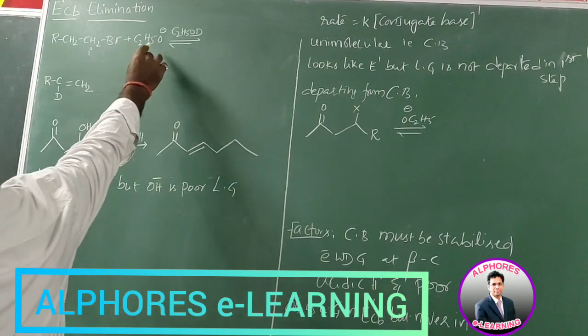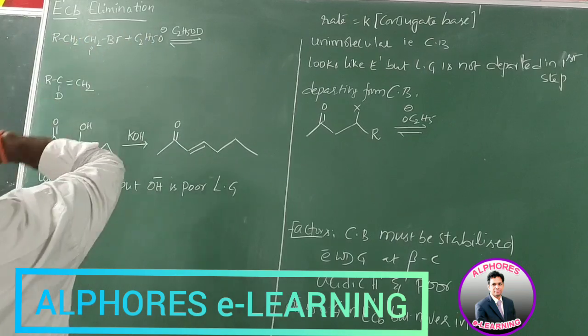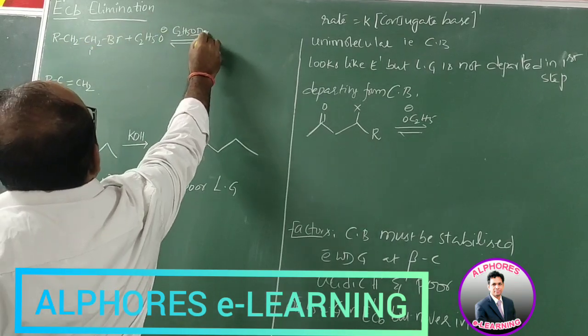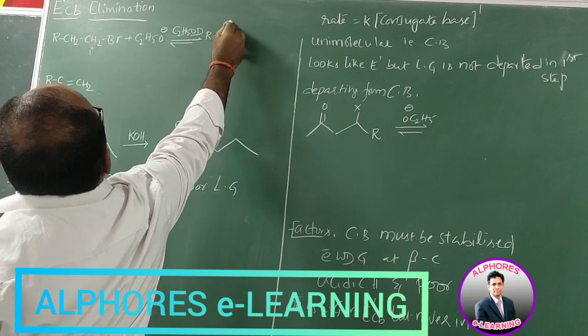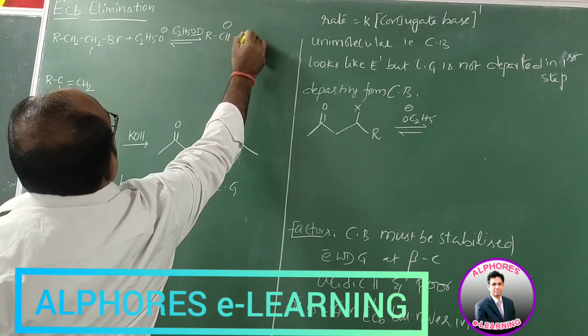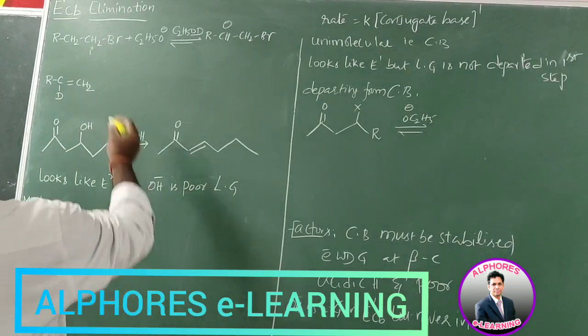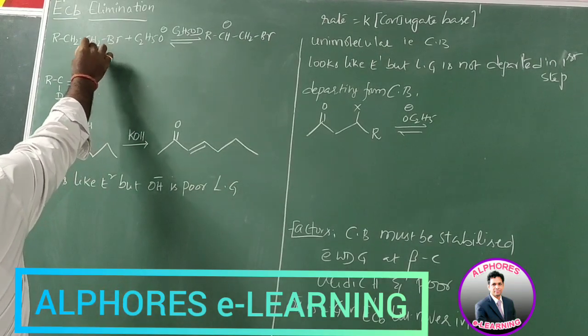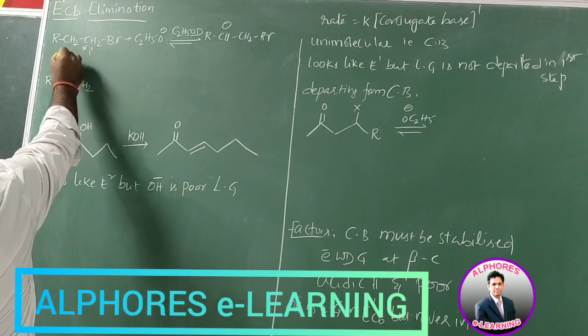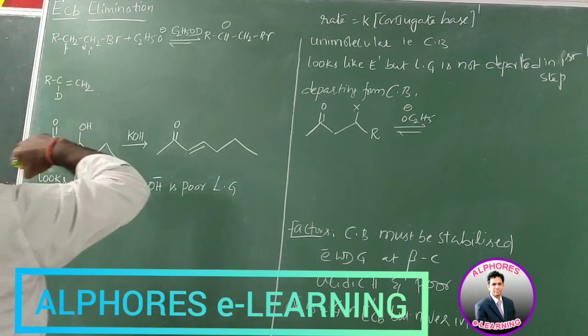This ethoxide ion abstracts hydrogen from here, and then we get RCH minus CH2Br. This is a haloalkane, and with respect to this haloalkane, the beta carbon containing hydrogen is acidic.